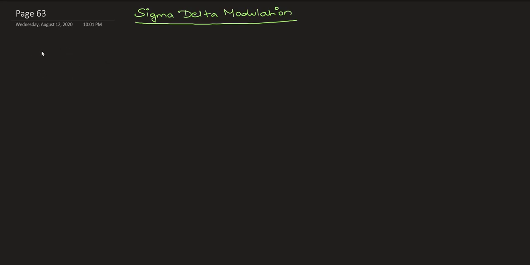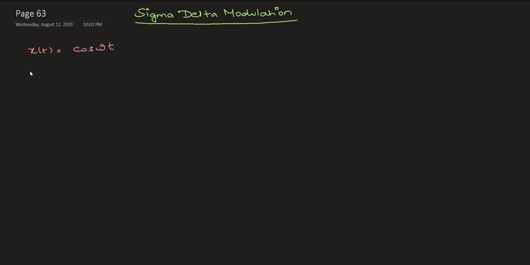So next is sigma delta modulation. We have seen delta modulation. Sigma delta modulation is a modulation that emphasizes the low pass filters.